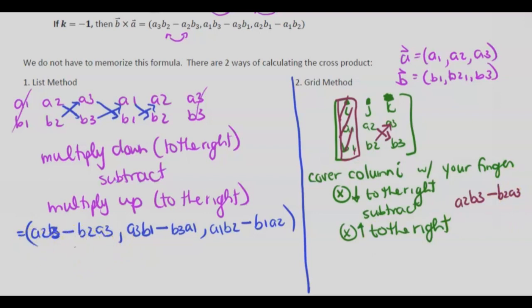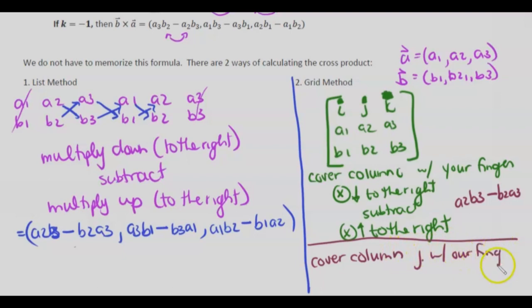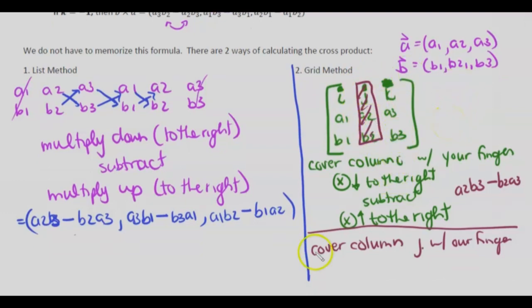Okay, now the next one. Now we're going to cover column J with our finger. So we're going to have J's here, and you're going to cover it with your finger. Now, this one's the backward one, so this is the only one that you have to really remember.